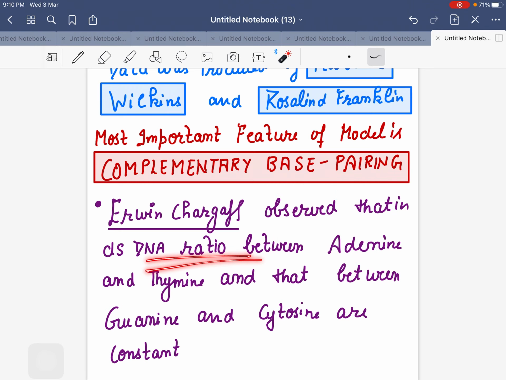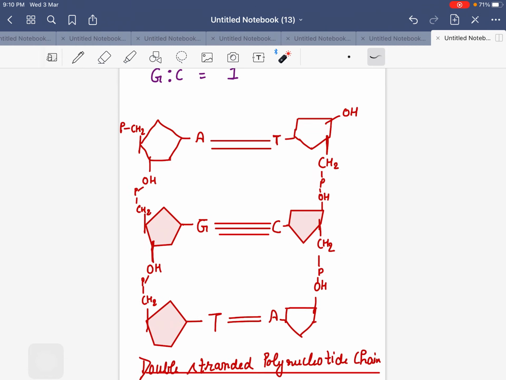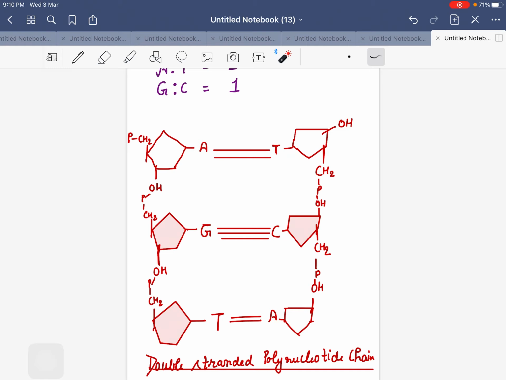So their ratio will be constant. So they said adenine by T always equal to 1, G by C always equal to 1. Why is this so? Because adenine base pairs with thymine and guanine base pairs with cytosine with 3 hydrogen bonds. Now how to draw it in this chain?